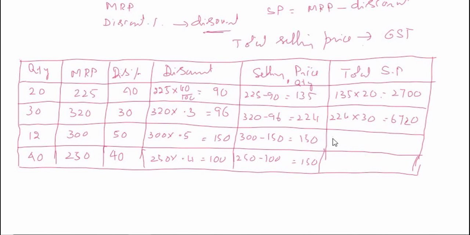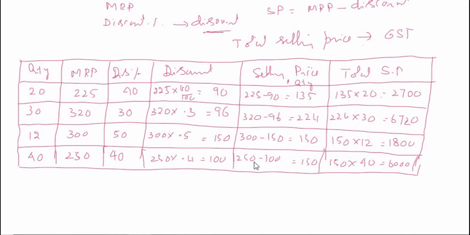Next one is 150 into 12, this is 1800. Then the last one is 150, it's a discounted price for each item, into 40, so this is 6,000. These are the total selling prices for each of the item.